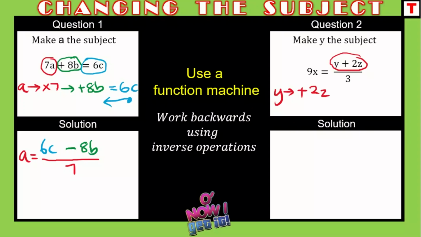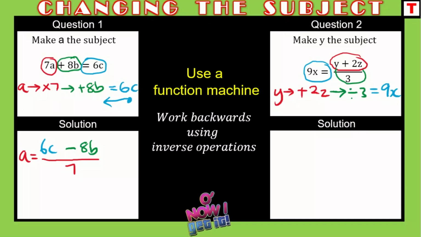Secondly, we have this fraction bar, and that means division is now taking place. So here we are dividing by 3. And lastly, we have an output of 9x. So this is equal to 9x.